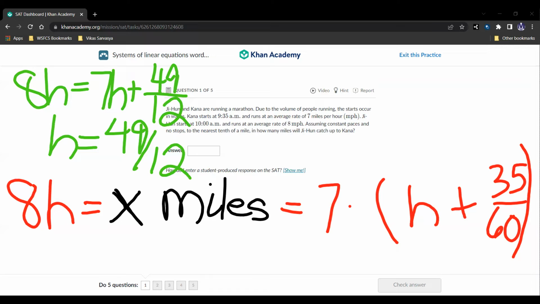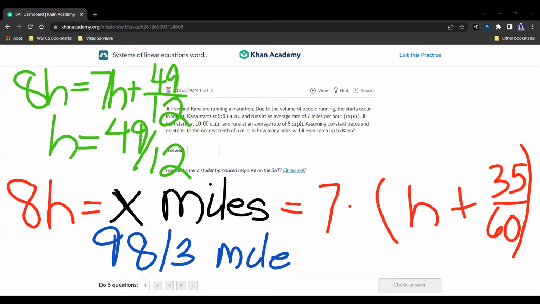We can use our calculator on this question, and we see that this is 32.6666 repeating, which in fraction form is 98 over 3. So 98 over 3 miles is how far that was run.